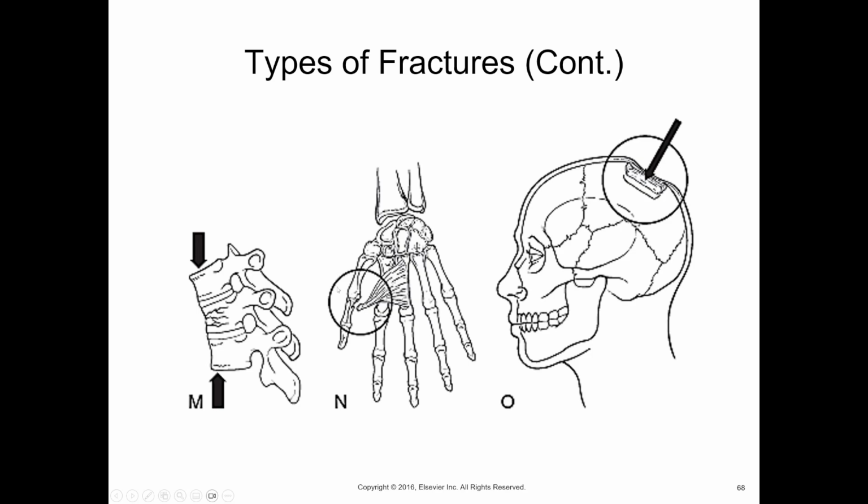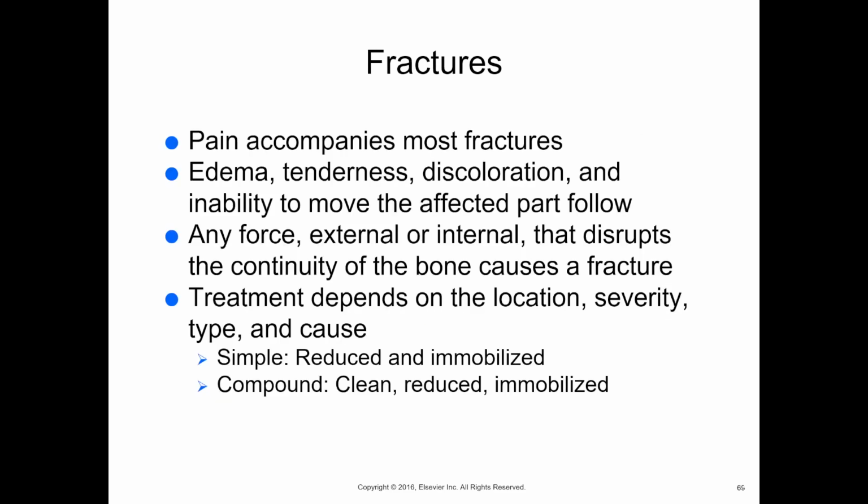This is showing something called gamekeeper's thumb, where part of the proximal phalanx of the first digit has been avulsed off by the transverse head of adductor pollicis. And then over here we have the depression fracture, which we talked about as a potential cause for increasing intracranial pressure. We talked about that in the neurological conditions chapter.